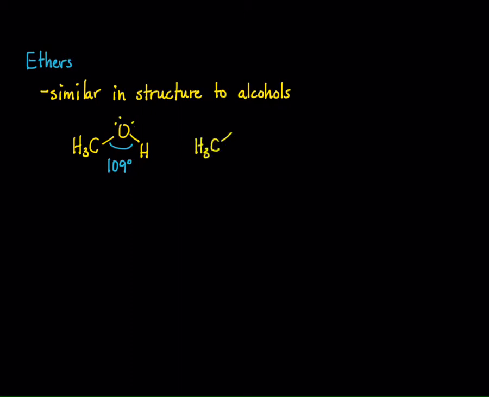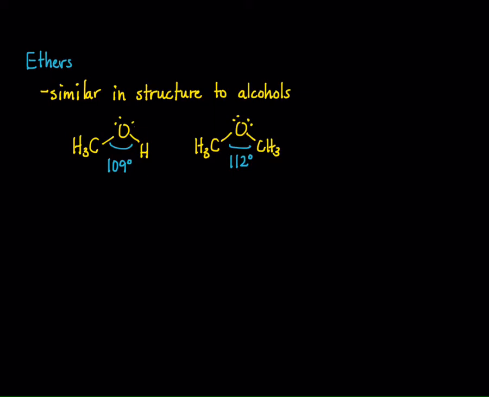So here I have dimethylamine, and if I think about the bond angle, of course, I should be able to predict by now that that bond angle is going to be larger than that of alcohols, simply because now I have two methyl groups, both of them are taking up more space, and indeed I get 112 degrees. Now, one of the things that I want you to think about is the hybridization of the oxygen. We typically say that that oxygen is sp3 hybridized.